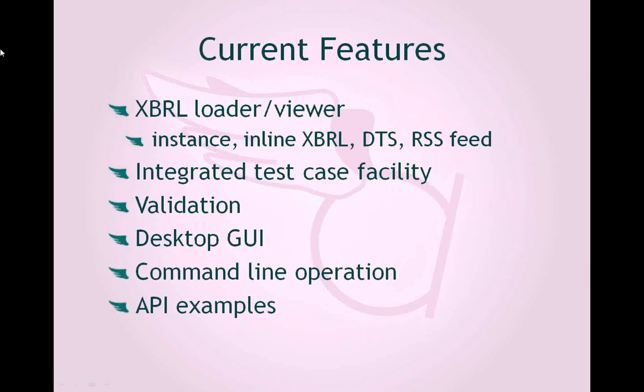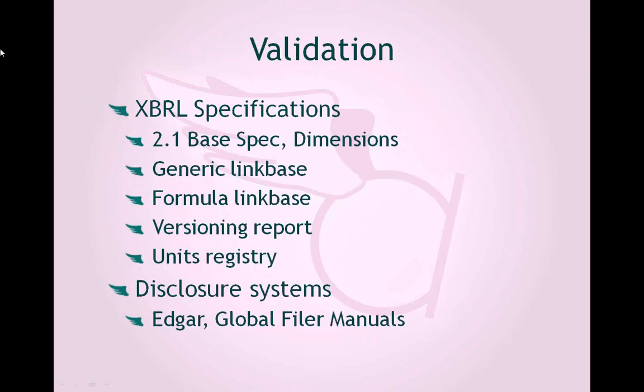It does all of these, I went backwards to where I was. All of the standard things about loading and validating, and for validating, built in are the things that at least I most often encounter: the standard 2.1 stuff, everything to do with formula, versioning reports, units registry, Edgar filer manual, global filer manual I list, although we really don't have a conformance suite for it yet, so I'm not sure it makes sense.